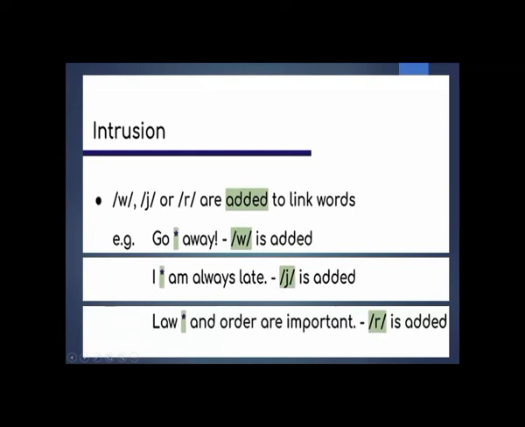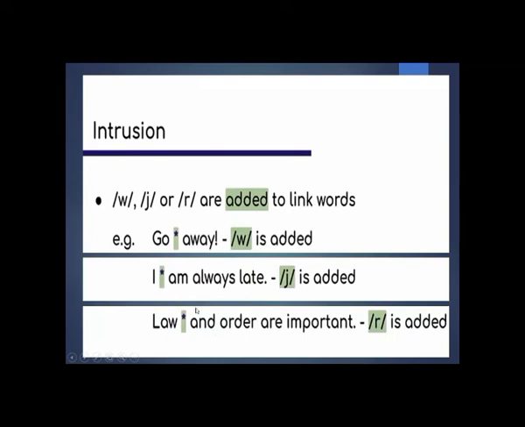Here, if one word ends with oh, ah, air, a, or aw, and the next word starts with a vowel sound, we should insert a ra sound. So how can we pronounce it? I think it's difficult.